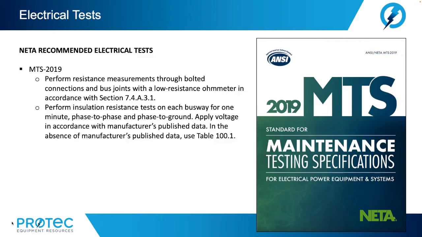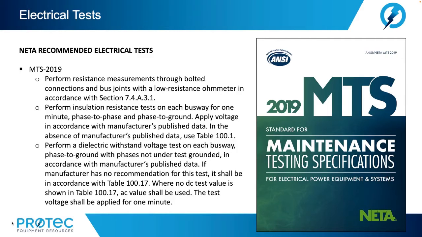Perform insulation resistance tests on each busway for 1 minute, phase to phase and phase to ground. Apply voltage in accordance with manufacturer's published data. In the absence of manufacturer's published data, we refer to Table 100.1.